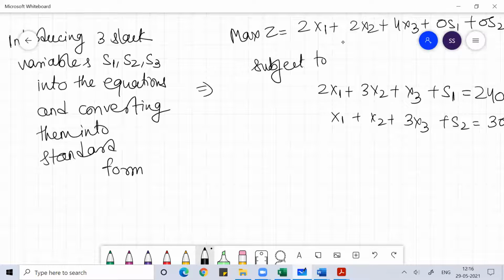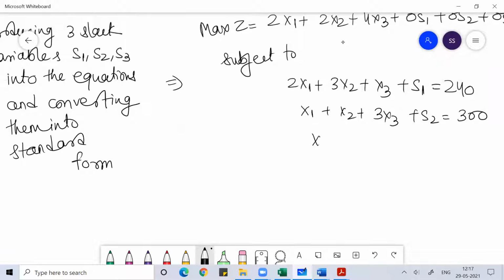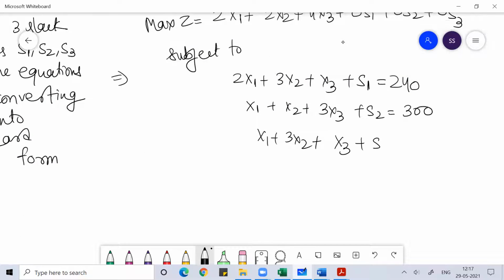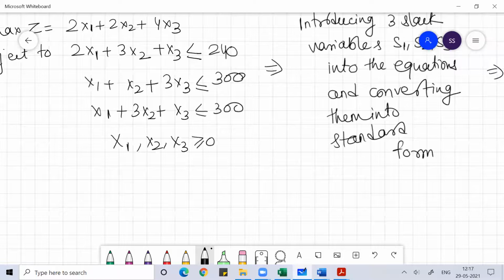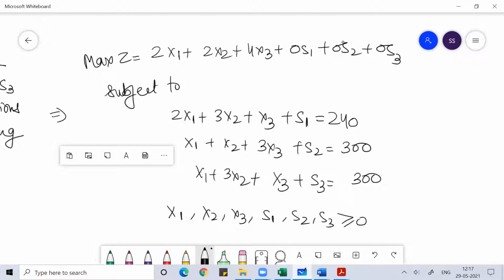And the third equation is x1 + 3x2 + x3 + s3 = 300, where x1, x2, x3, s1, s2, s3 should be greater than or equal to 0. Clear, everyone? Anyone have any doubt?